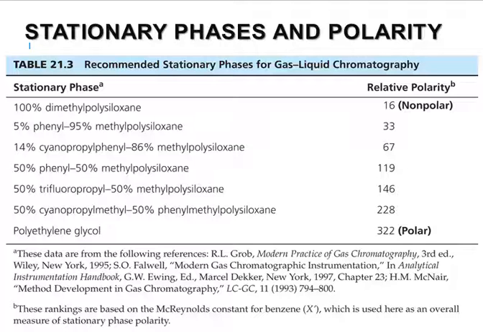The other ones, as I increase the polarity of the column, play off of the actual functional group itself. So if it's a polar column, it's going to hold back polar molecules. And when that happens, things do not separate based on boiling point.